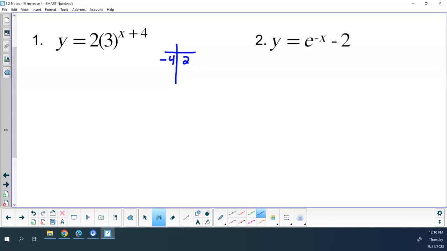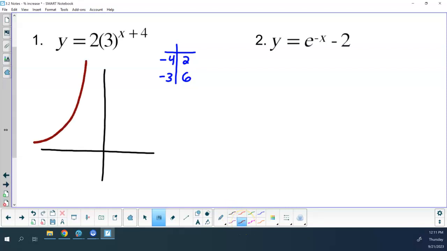If I were to pick another one, I would pick -3, and I would go through 6. Agree with me on those 2 key points. The graph of this exponential function would look like that. It'd be sharp, pushed off to the left, because at 0, I would need to be at 162 up on my y-axis.